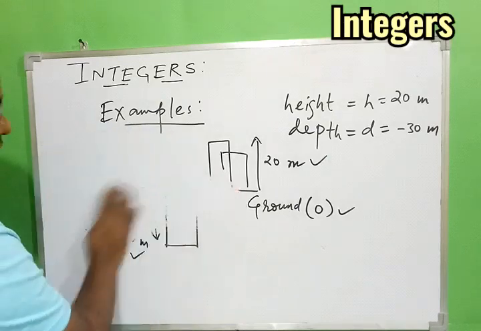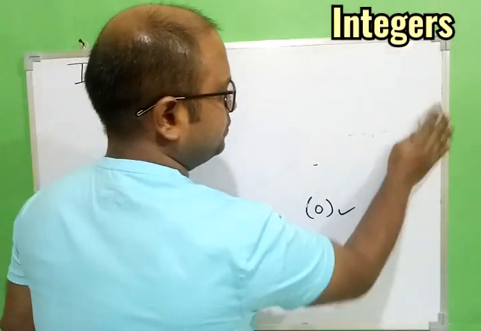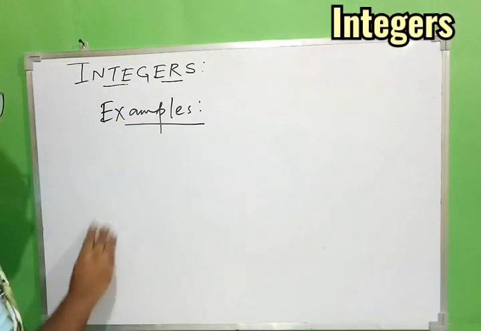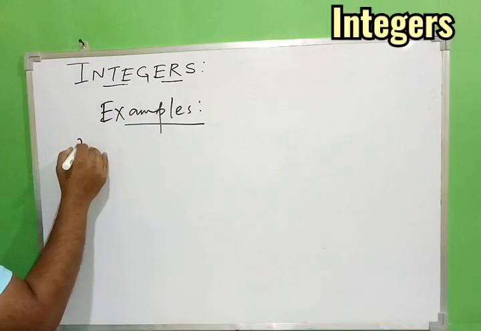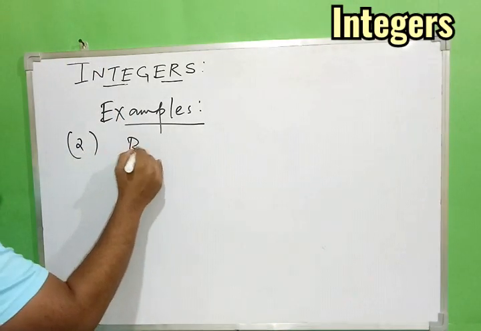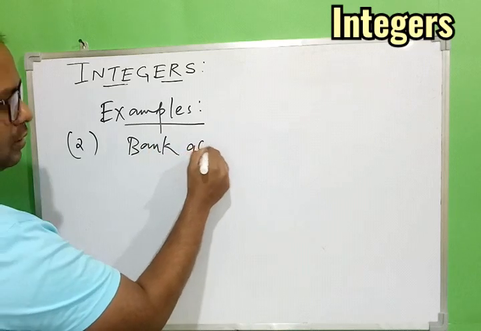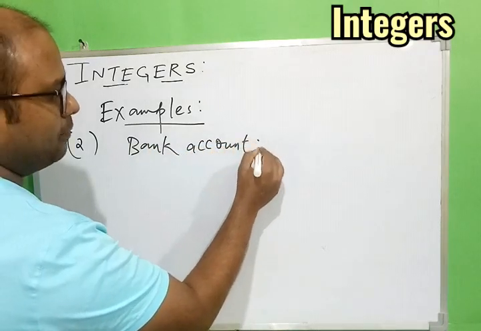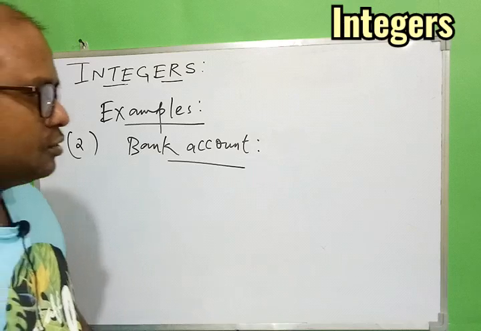Let's take another example to understand how we use integers in daily life, that is number 2. Now let's talk about the bank account. In the bank account we maintain some balance. Just take an example.